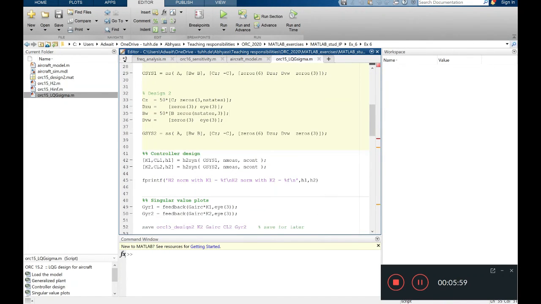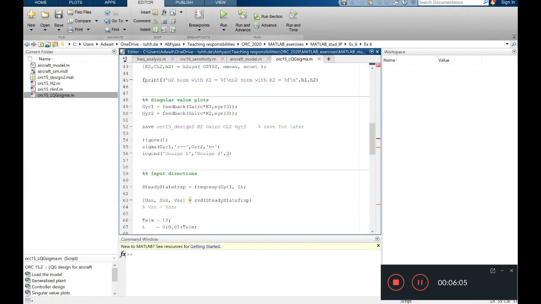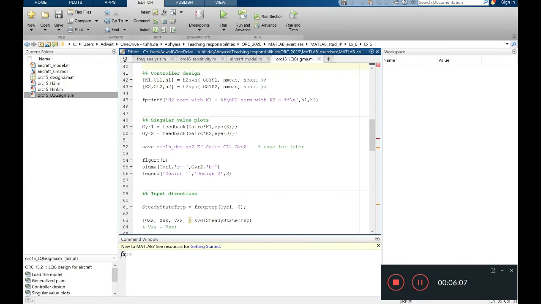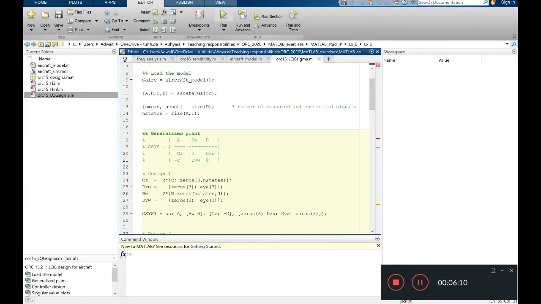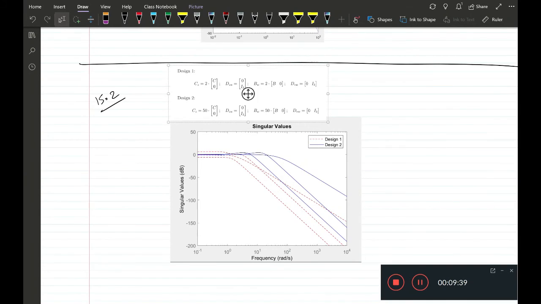Then we design the two controllers K1 and K2 using the h2syn command, and then we plot the singular values for these two designs. So this figure now shows the two designs here, and the singular values of the sigma plots for these two designs. Now let's first see or compare the two designs.